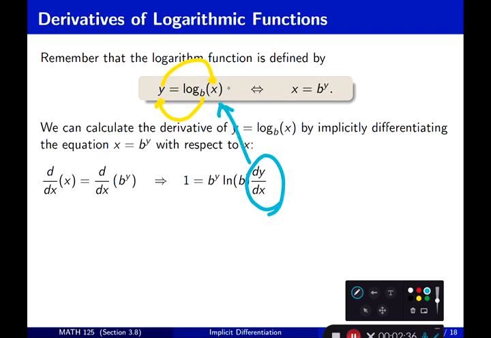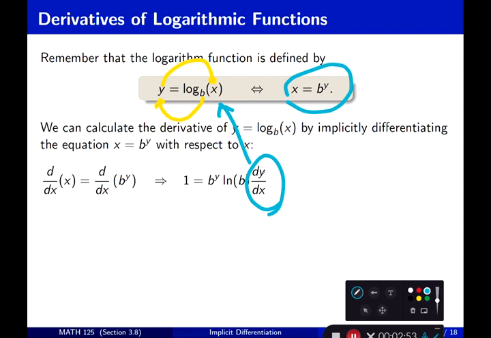And so that's the beauty of it. You take a function that you don't know, you take the inverse, you go to a function that you know, and you basically find a derivative.